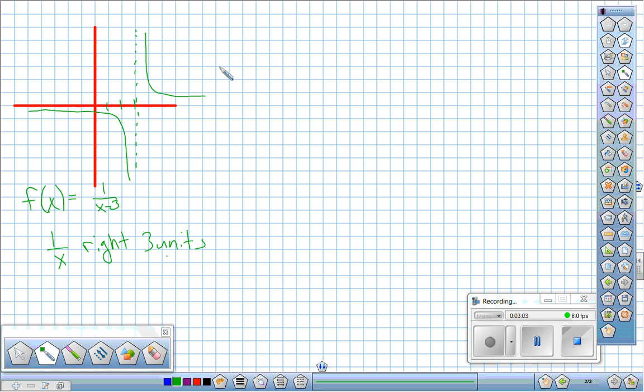Okay, so in order to find the domain, because we'll be looking at a lot of domains, the domain of this, in this case, will be all real numbers, you can write your fancy R, that's fine, except when the bottom equals 0. The bottom equals 0 at positive 3, so x cannot equal 3.